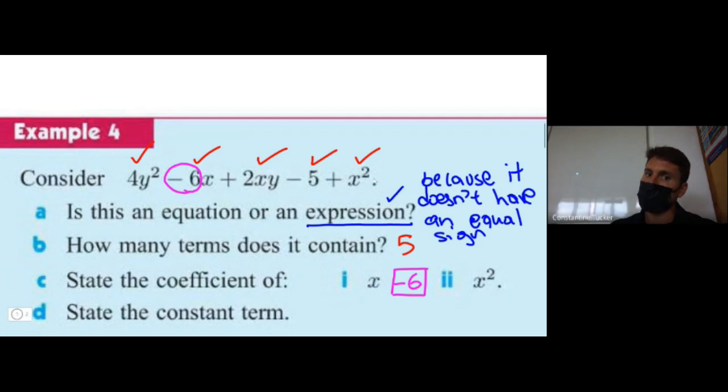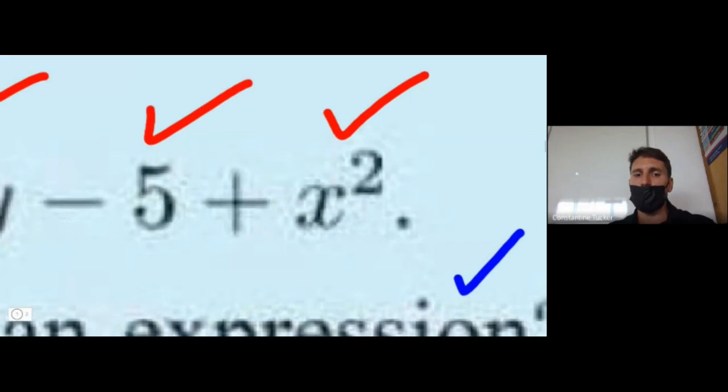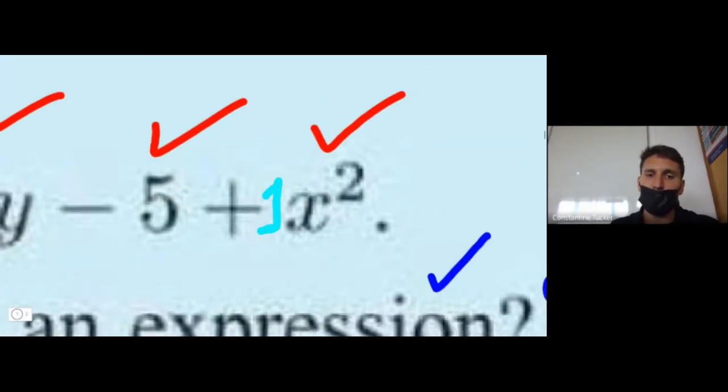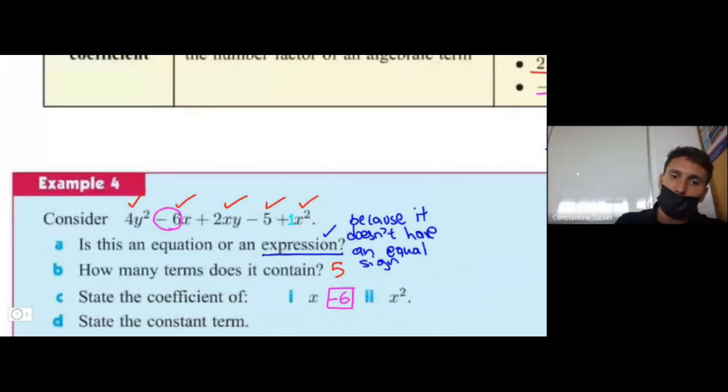No worries, we find it. If you look very carefully, let me just zoom in. If you zoom in quite a bit, you will eventually see it. Sometimes you can't see it from a distance. So that number there is the invisible one, the coefficient of x squared.